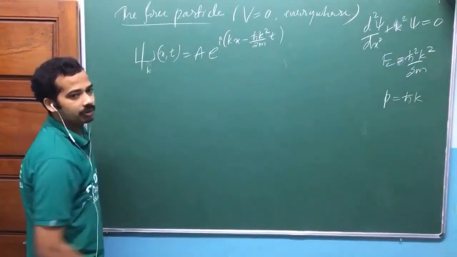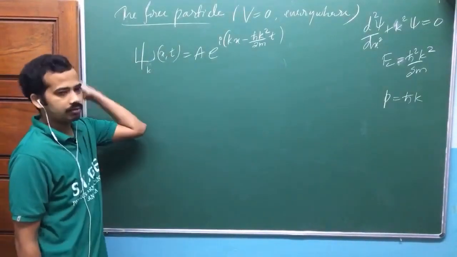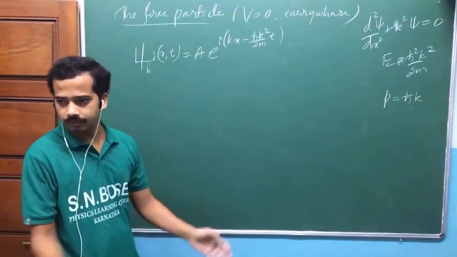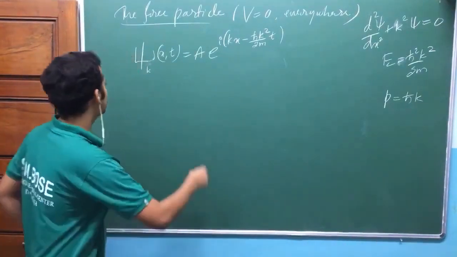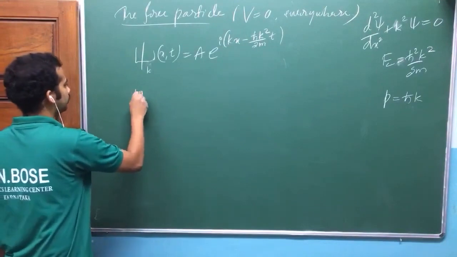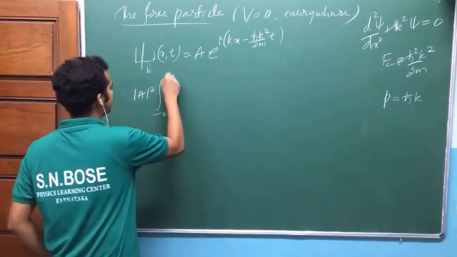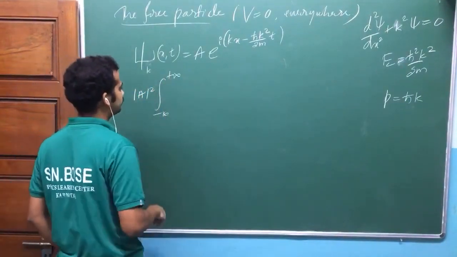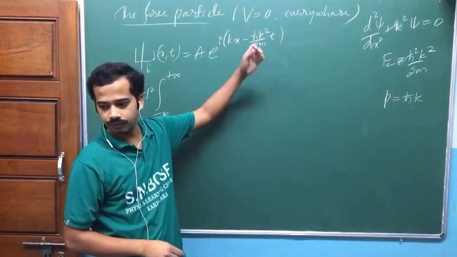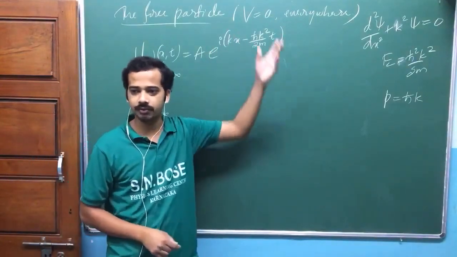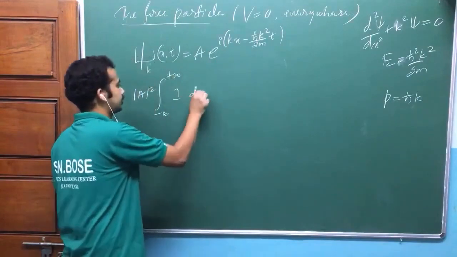Now look at here. Try to normalize this one. What is the range here? Minus infinity to plus infinity. The particle can be anywhere, isn't it? So if you try to normalize, mod a square, integral from minus infinity to plus infinity, what is this one? Mod square of this one, e power plus, e power minus, e power 0, that's equal to 1, dx, isn't it?